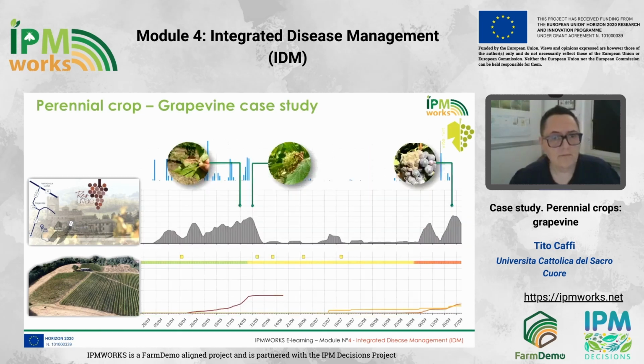Another example, same situation, same season, same general conditions. Another model, this is about Botrytis cinerea, which causes gray mold or bunch rot on grapes. We can see at the beginning of the season infection on leaves and on very young inflorescences.